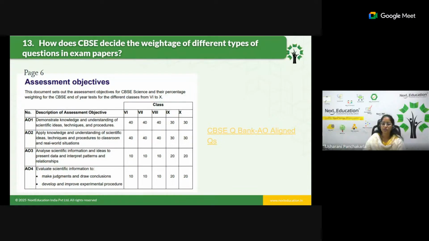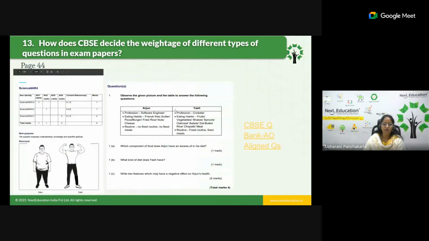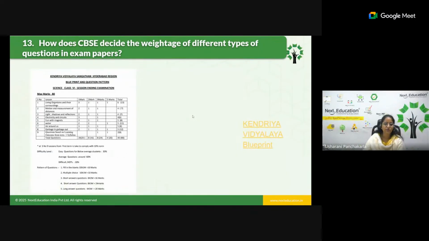So in 6th grade, it is 40, 40, 10, and 10. When it comes to 7th grade, also the same. 8th grade, also the same. But again, in 9th and 10th, you can see a reduction in the percentage of remembering and understanding, a reduction in the application level, and an increase in analysis and evaluate. Okay, so this is about the design that I want to emphasize here, and these are some of the sample questions being taken.